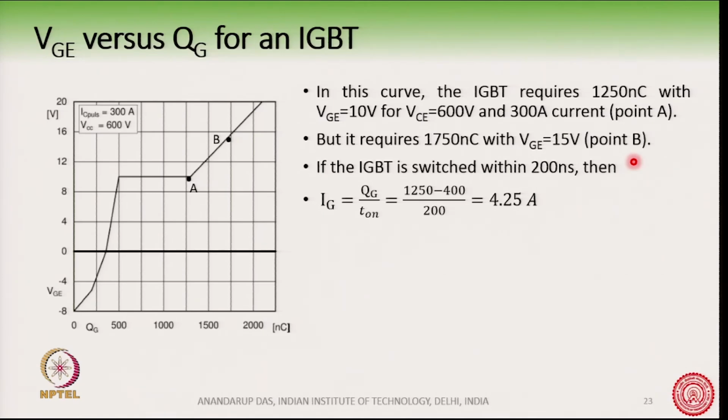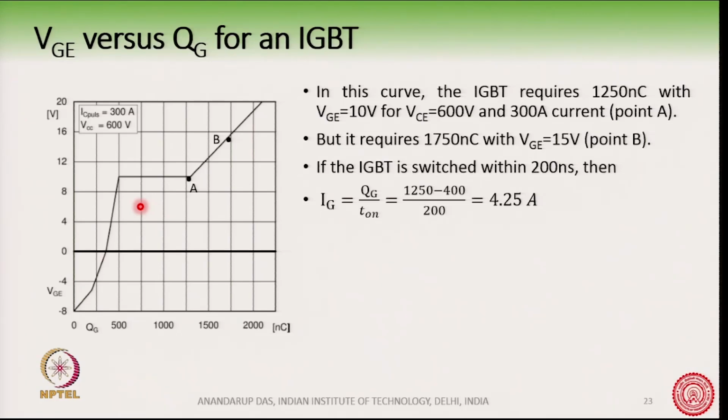The device has basically travelled from this to point B, and in this whole process the area under this curve is about 1750 nanocoulomb. So, this much charge will be required to turn the device from fully off state to fully on state.